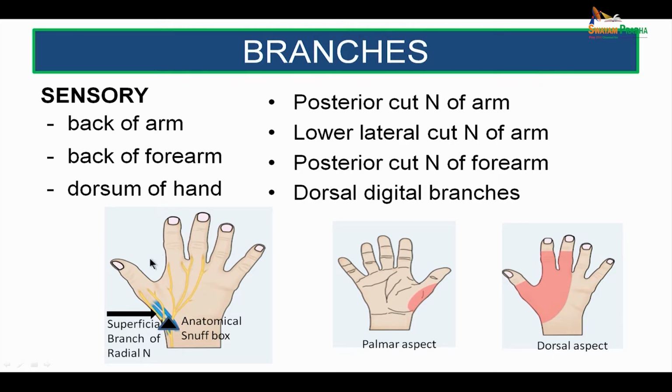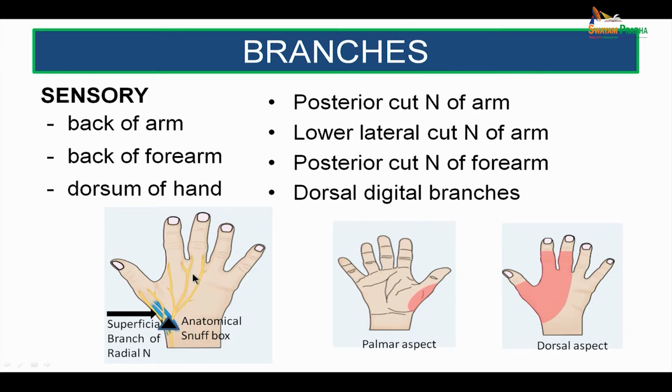These dorsal digital branches are 5 in number, of which the proper digital nerves supply either aspect of the thumb and the lateral aspect of the index finger. The common digital nerves supply the contiguous sides of the index finger and the middle finger, and the middle finger and the ring finger.